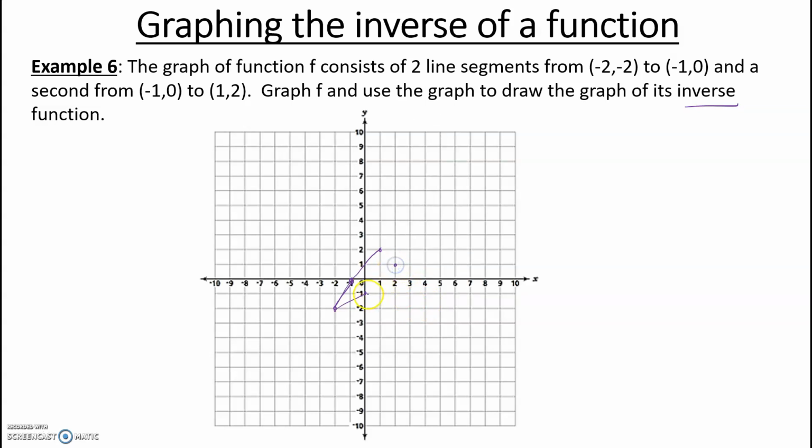And you should see that line of symmetry. You should see that y equals x kind of splits those functions in half. That's a line of symmetry. There's your function and its inverse.